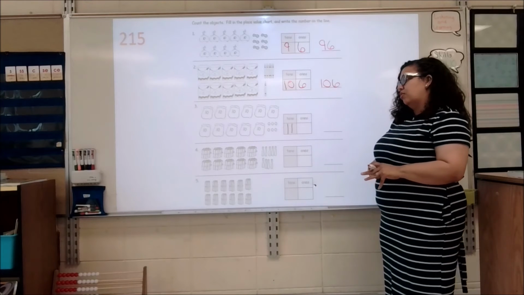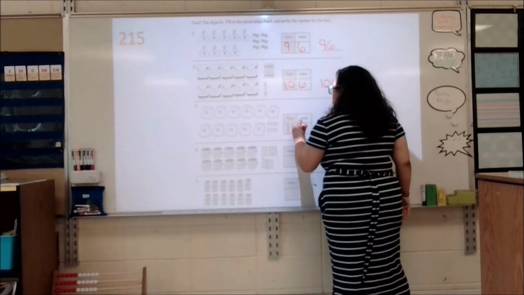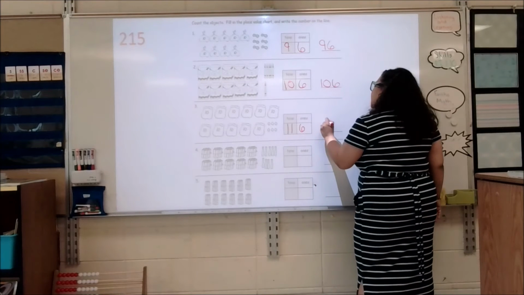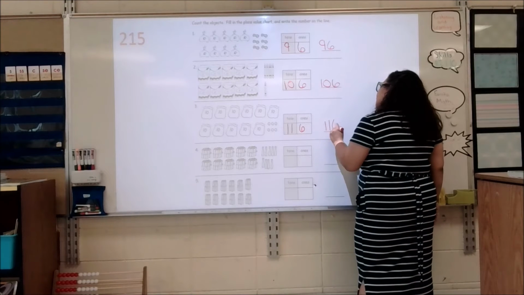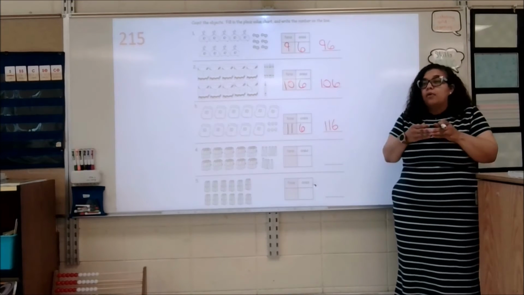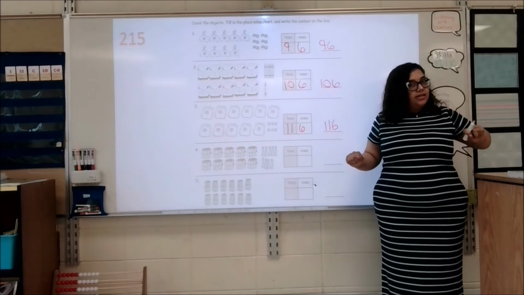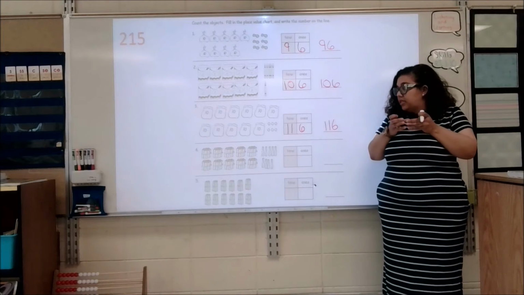And 6 loose balls. Good. So if we bring these digits together to read as a standard number, we have 116. So 11 groups of 10 and 6 ones is 116.